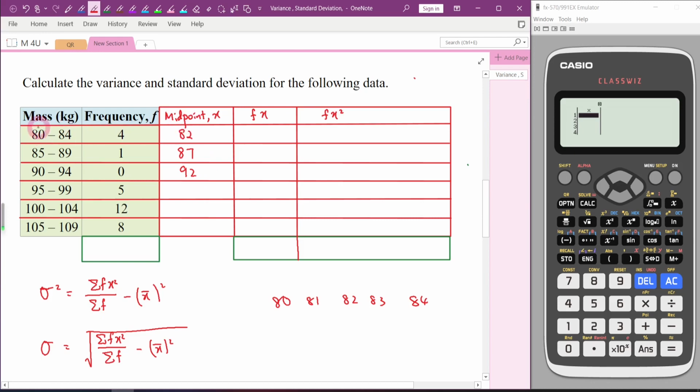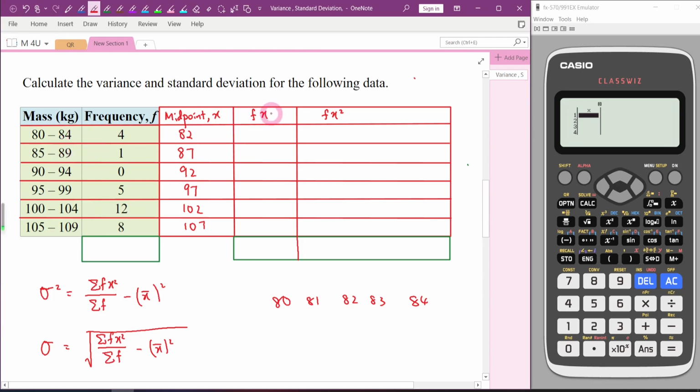You will notice that we add 2 to this lower limit. So we do the same thing for the rest. 85 add 2, you get 87. 90 add 2, 92. 95 add 2, 97. 100 add 2, 102. And 105 add 2, 107. Okay, this is a way to get the midpoint for each class interval.